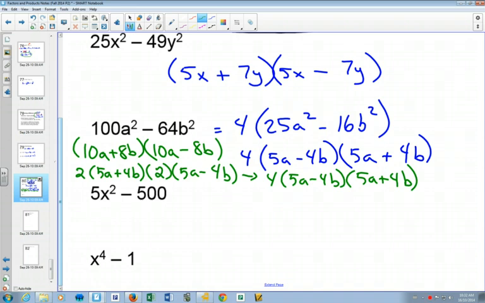There is a greatest common factor. What can you take out of both terms? A 5. That would leave you with x squared minus 100. Now is it a difference of squares? Yes.